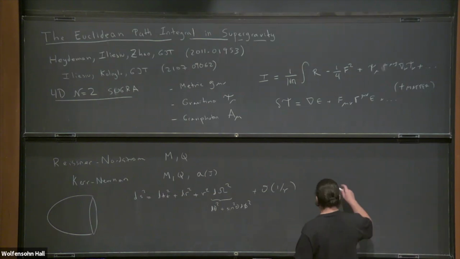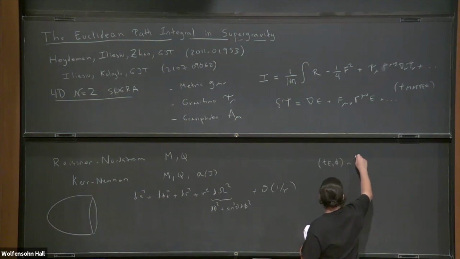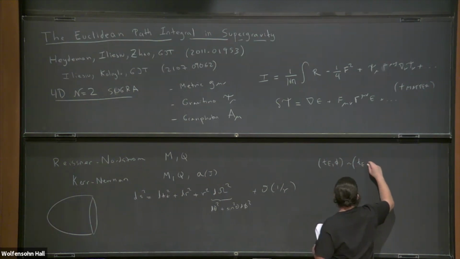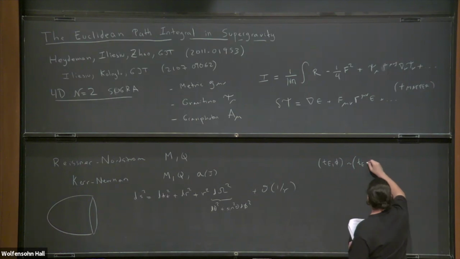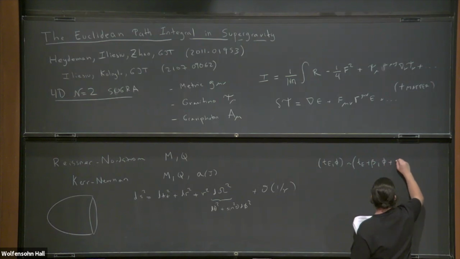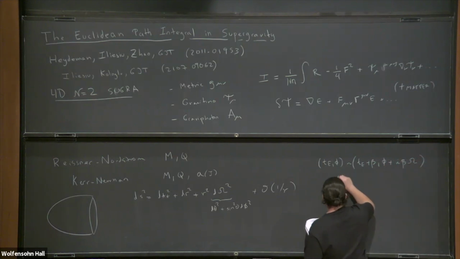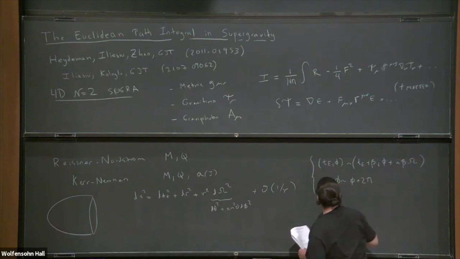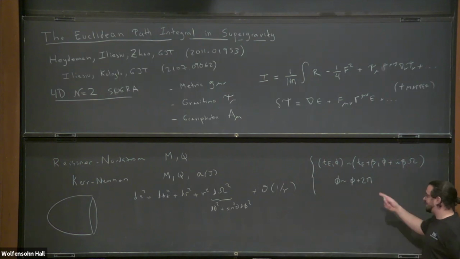And the way that appears here is in the following identification. There are different ways to write it, but this is the one that will be more useful for what we want to see later. So phi has a period 2π, it's just the coordinate in the sphere.